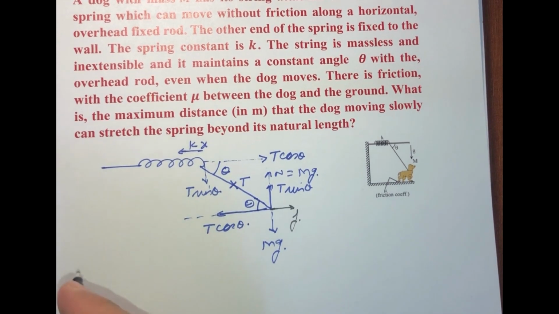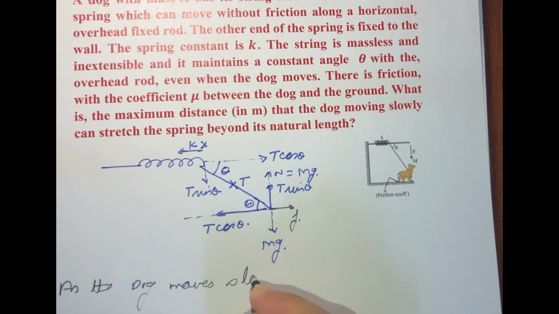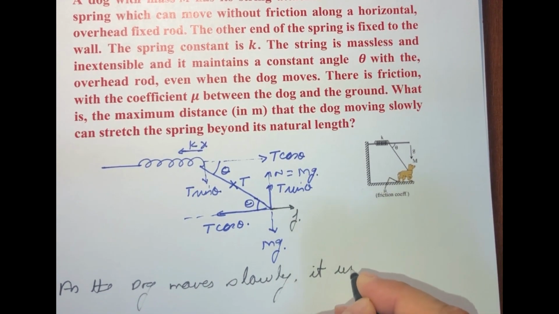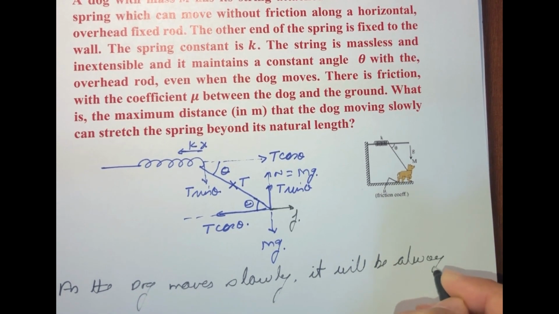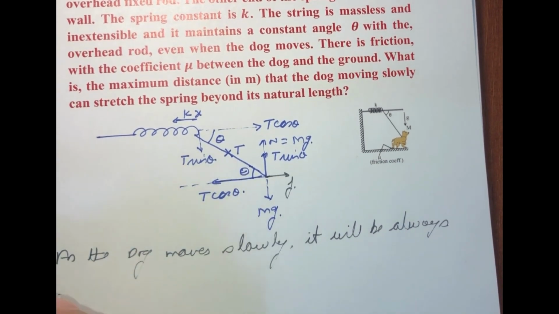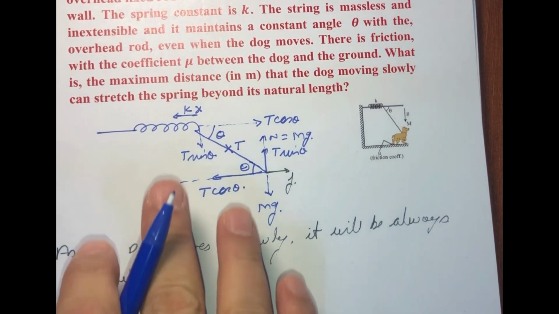So we can say as the dog moves slowly, it will always be in equilibrium.